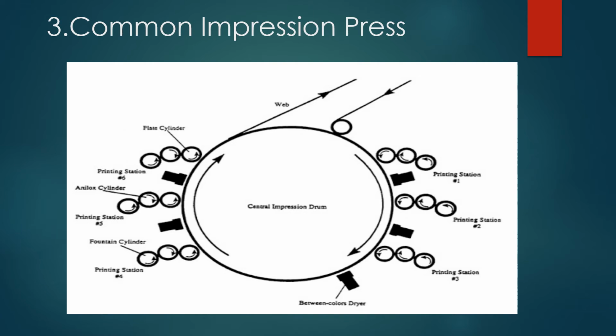It is also called as drum press or central impression press or common impression press. You can see from the diagram that a single central impression supports all the printing units or stations.